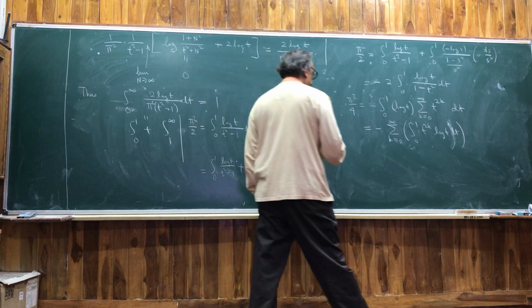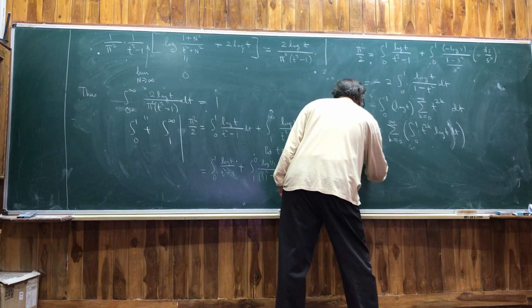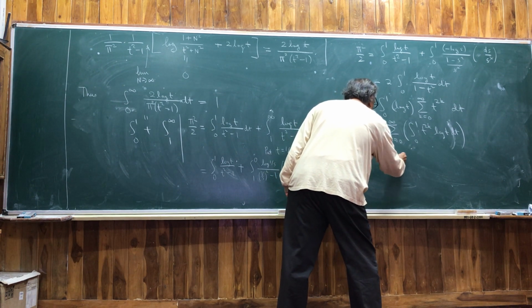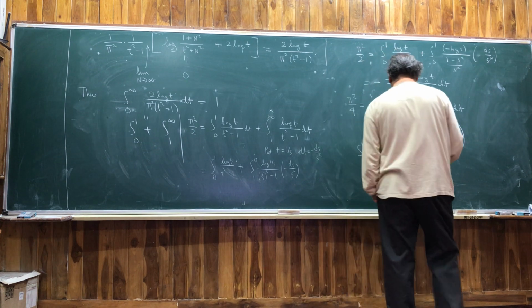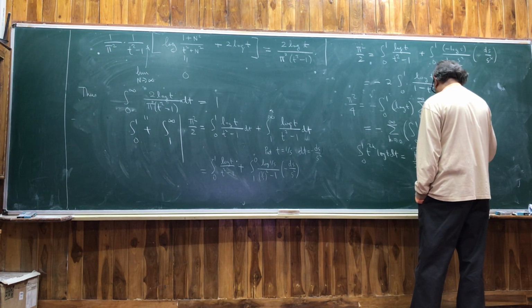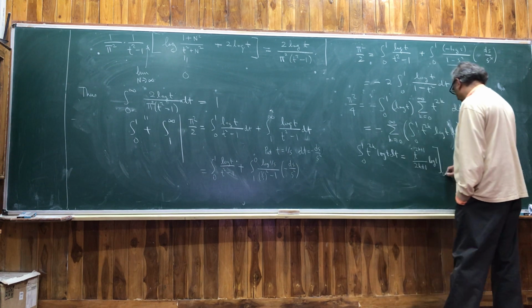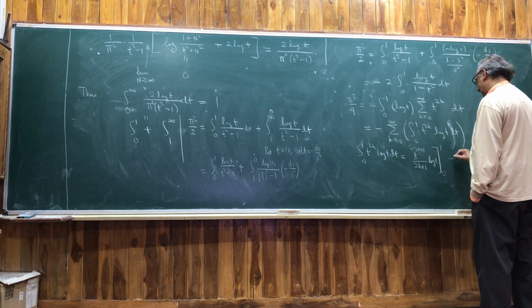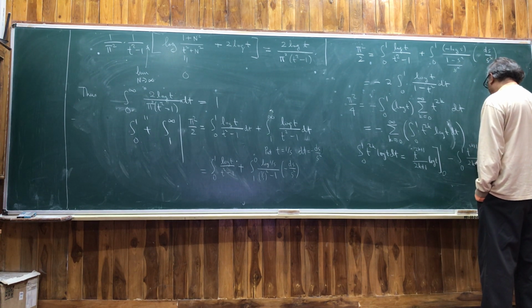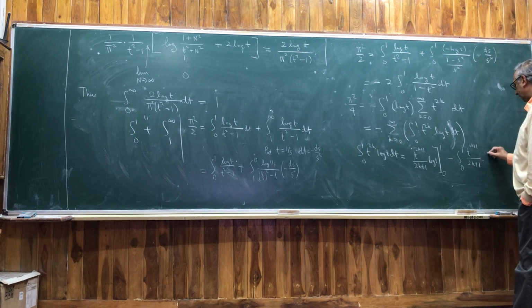And what is this integral? Integral 0 to 1, t to the 2k, log t. Well, you all know how to do this. Integrate by parts. So we have t to the 2k plus 1 over 2k plus 1 times log t between 0 and 1, minus the integral 0 to 1 of t to the 2k plus 1 over 2k plus 1 times the derivative of log t, dt over t.